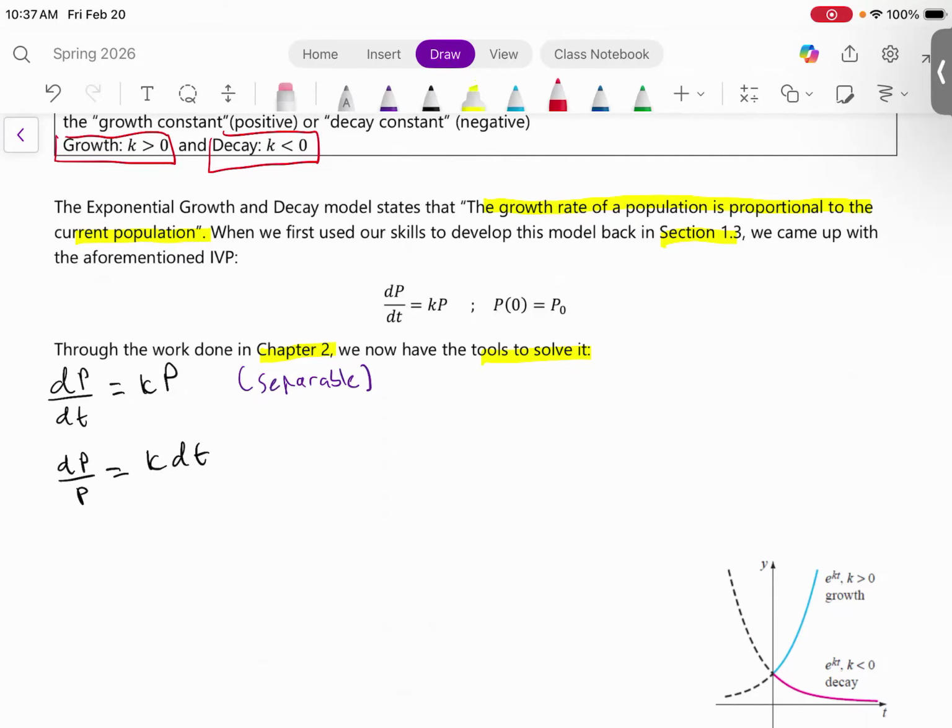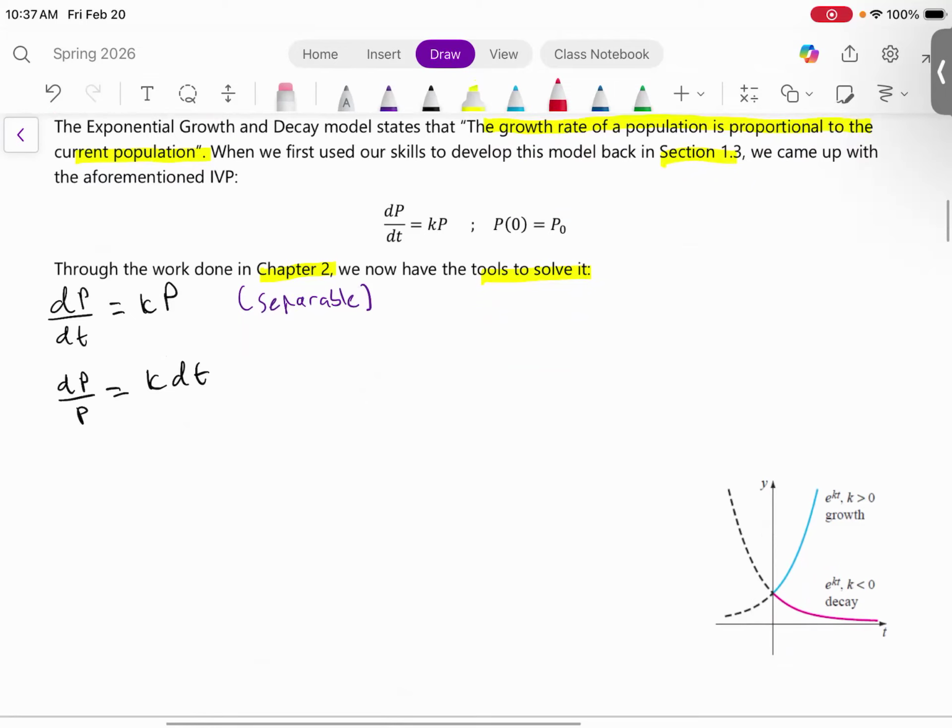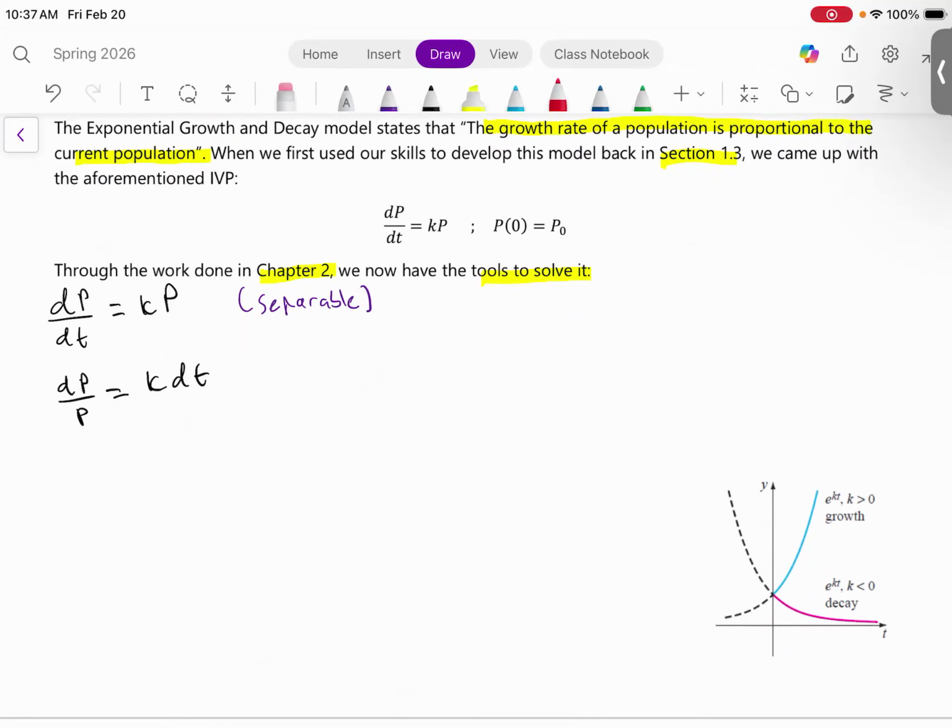And so this is separable. I have all the terms I need on both sides. They're separated. So now we can go ahead and integrate. When I integrate dP over P, it turns into natural log of absolute value of P. And then k is just a constant, so we pick up a t, plus C. So we want to solve the differential equation.